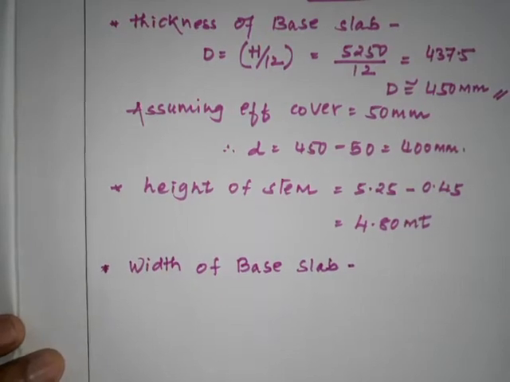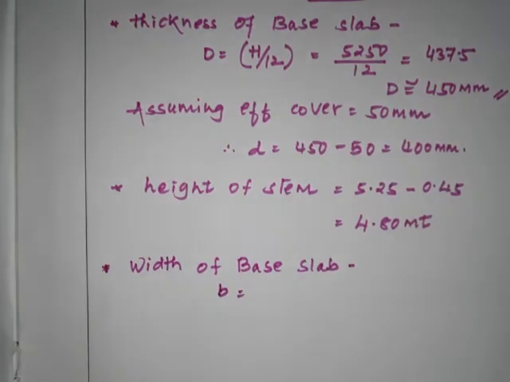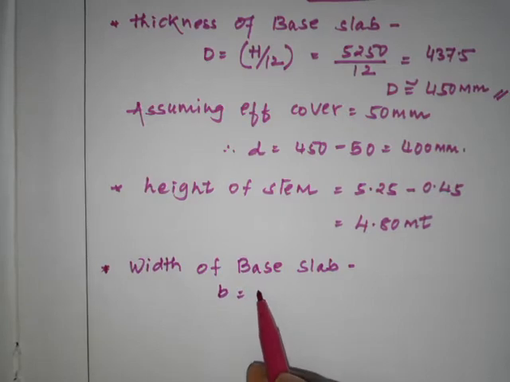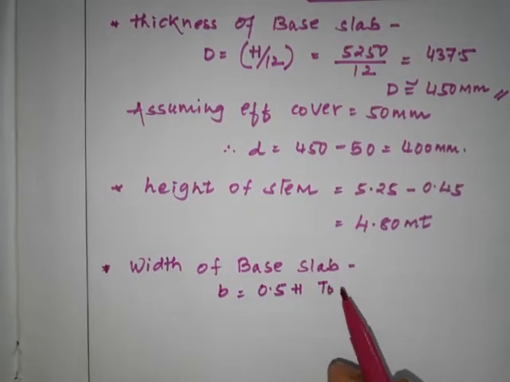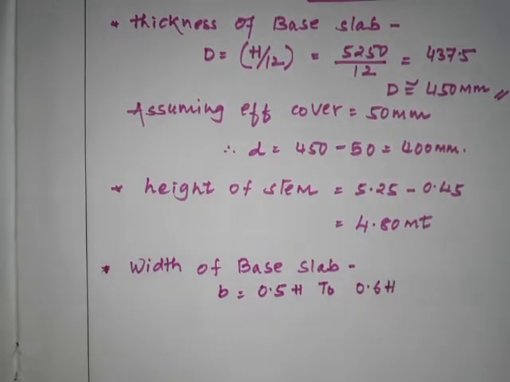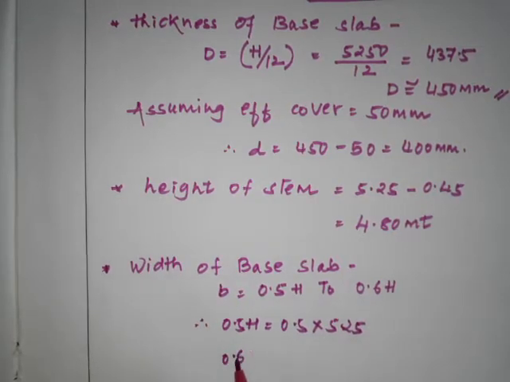We call it as B, the width of base slab B. So that we can consider, that is 0.5 H to 0.6 H. As per again the thumb rule, the width of base slab can be calculated by the ratio of 0.5 H to 0.6 H. It's a range 0.5 H to 0.6 H. So therefore 0.5 into 5.25 and 0.6 H is equal to 0.6 into 5.25.